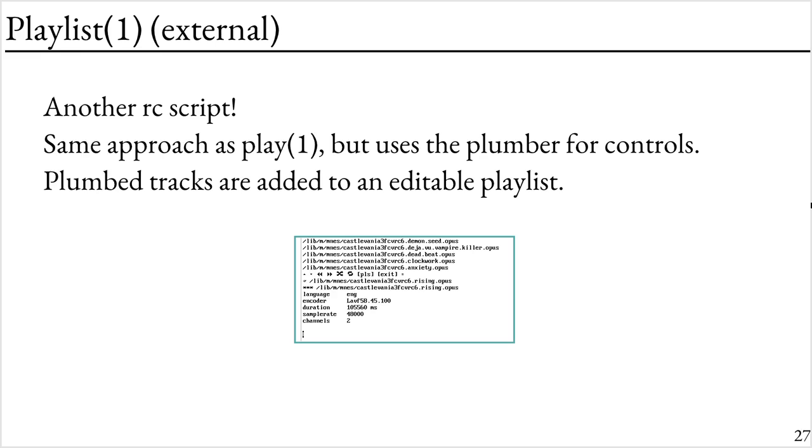Of course, this might not be enough, and those limitations can still be addressed, still in RC. And Umbraticus figured out several ways to do this by leveraging essentially the plumber for controls. So through a bunch of plumb rules, which I have not included here, we can add to a playlist that this script manages.